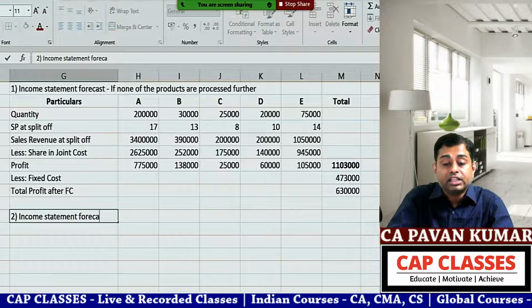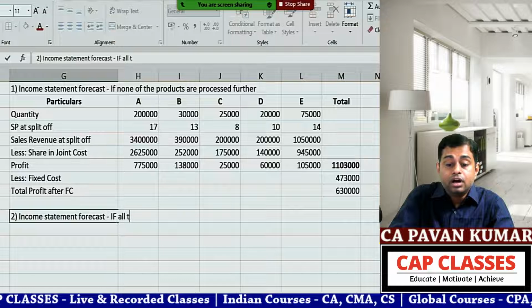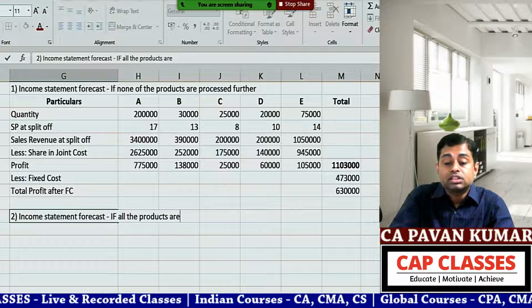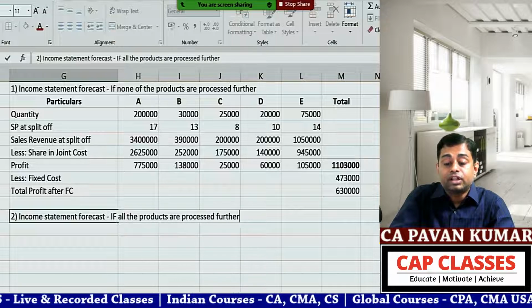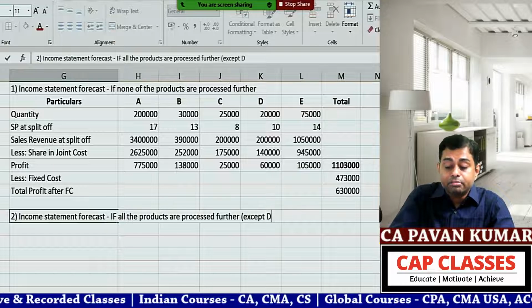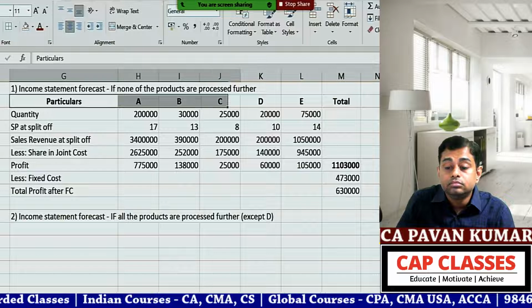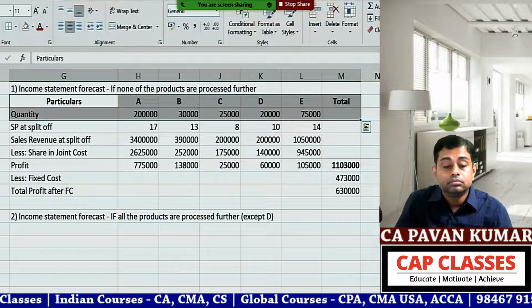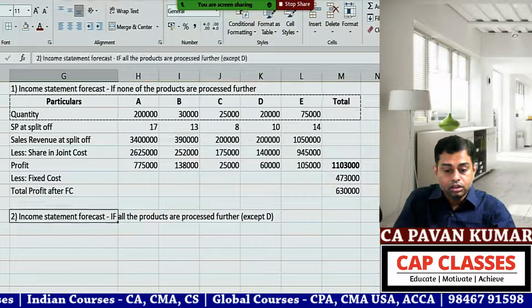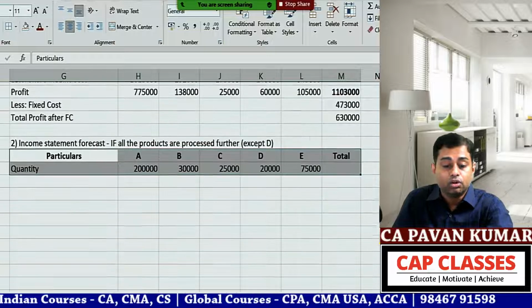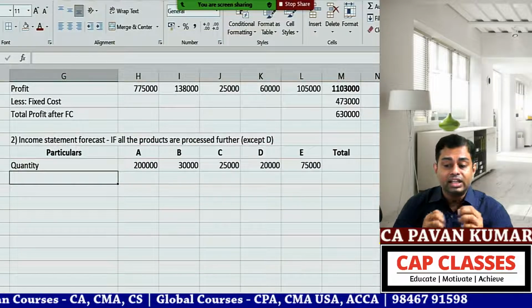Income statement forecast. If all the products are processed further, of course except D, because D cannot be processed further. Okay, so I am taking A, B, C, D, E and total. Quantities remain the same. Quantities have not changed.